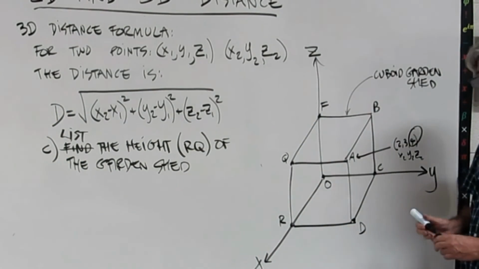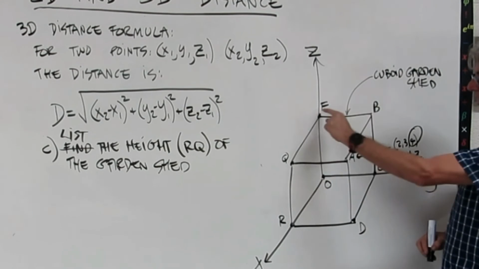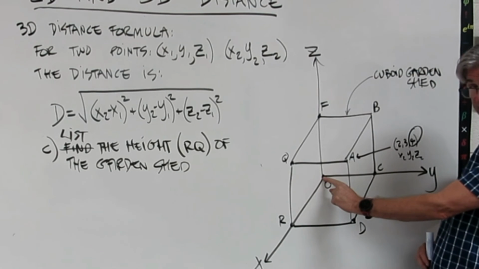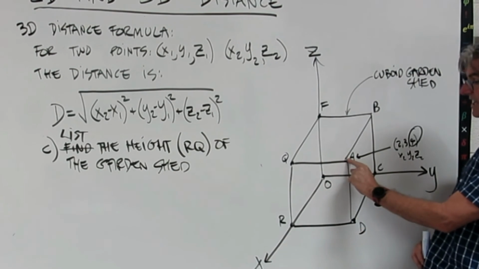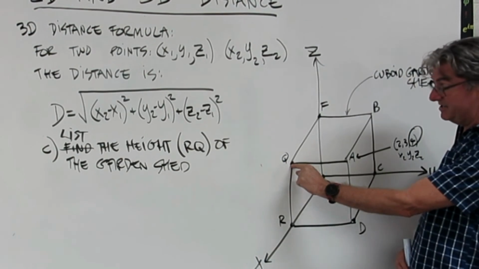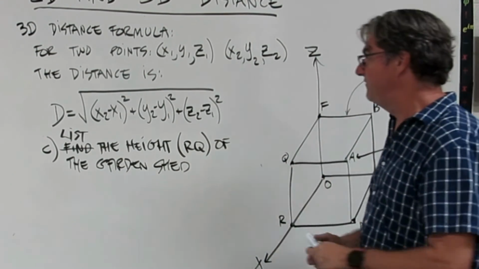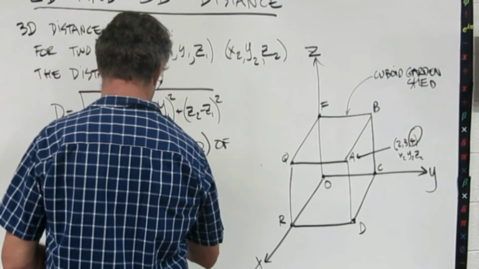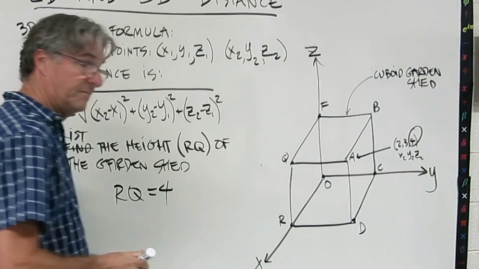That's the 4. Our z-coordinate is 4 up. Remember, this point here is 4 up from the bottom, from the origin. So we've come 4 up to A. Q is the same height as A, so RQ is 4. There you have it.